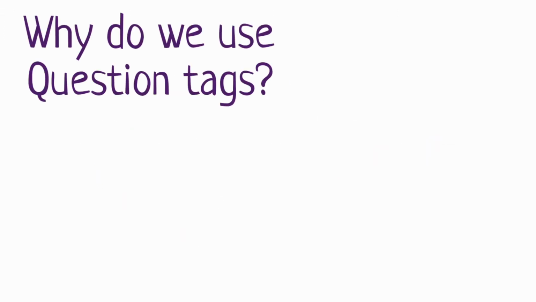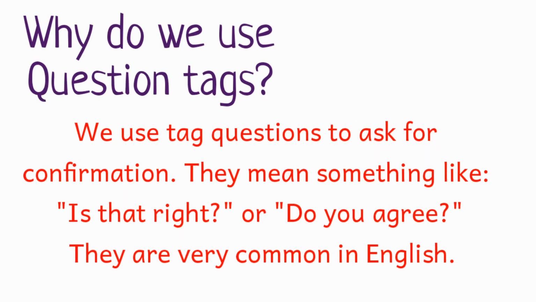Why do we use question tags? We use tag questions to ask for confirmation. They mean something like, is that right? Or do you agree? They are very common in English.